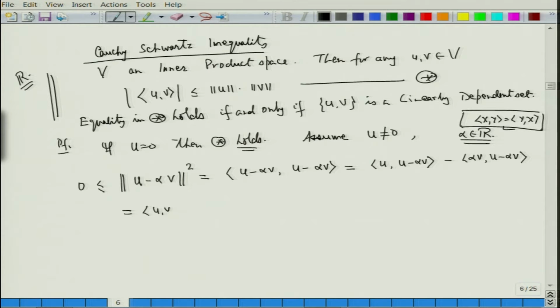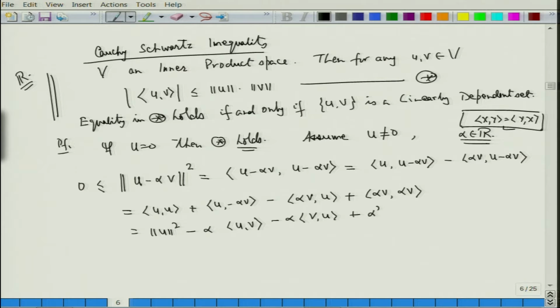So I can write it as uu minus u comma alpha v, minus alpha times vu, plus alpha v comma alpha v, which is same as norm of u square minus 2 alpha inner product of uv plus alpha square norm of v square, alright, fine. Is that okay? So I can write this.